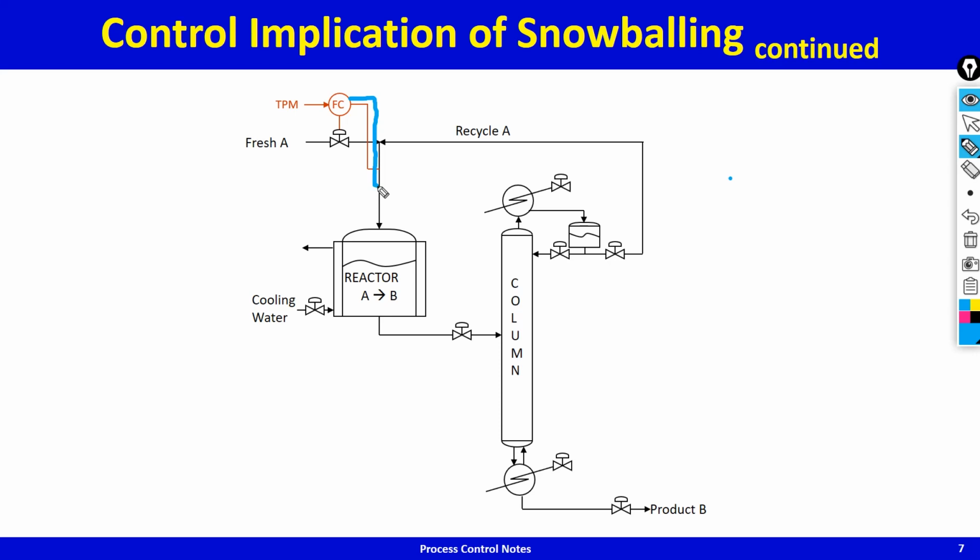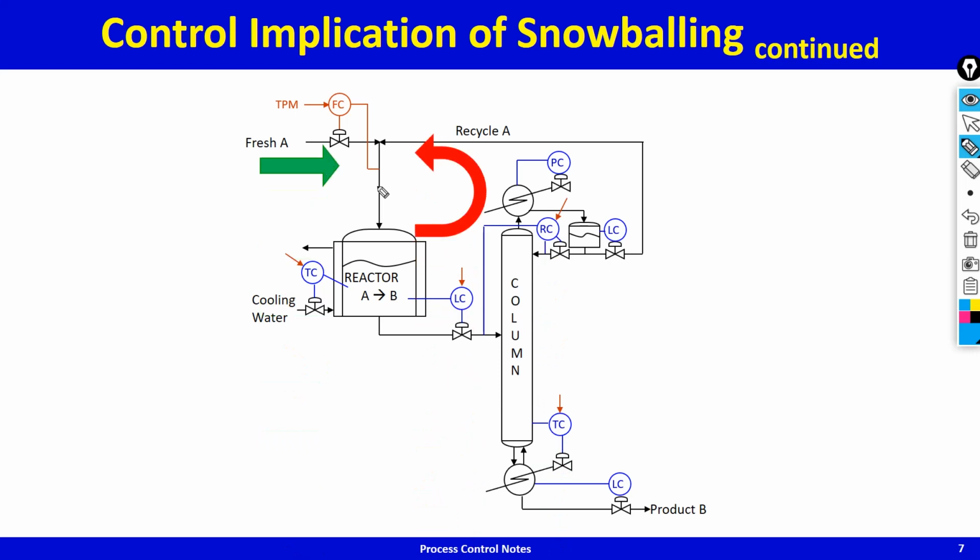So this is a fast enough control loop, as fast as flow control, and in this case all the other loops are the same as before. And in this case, like I spoke in the last lecture, the action of the flow controller, the throughput manipulator, is such that it transforms variability out of the recycle loop.